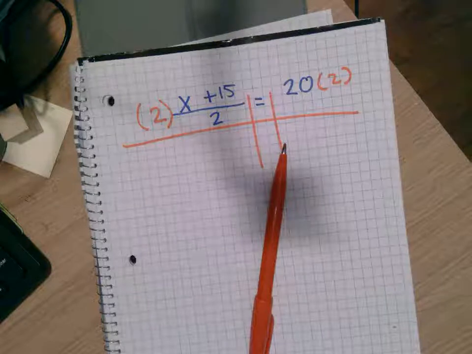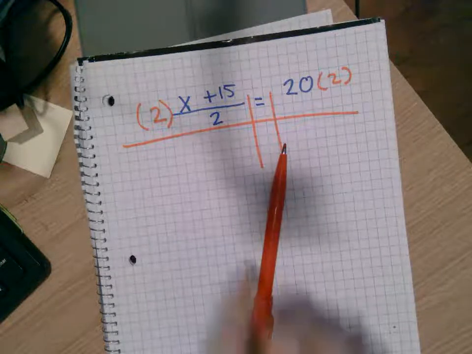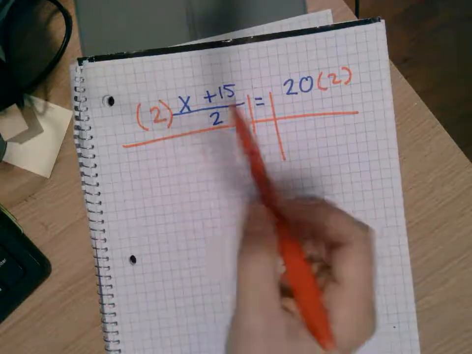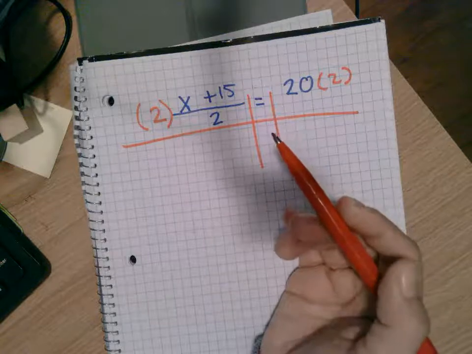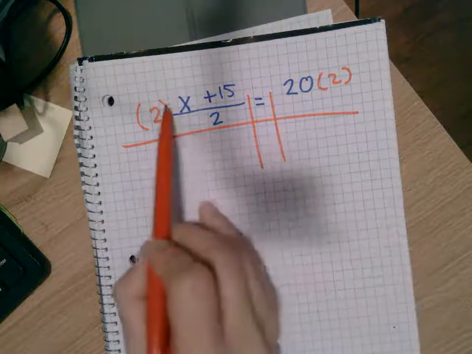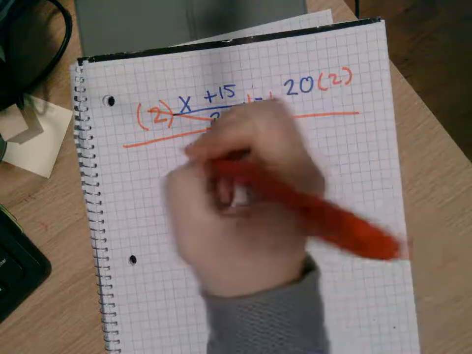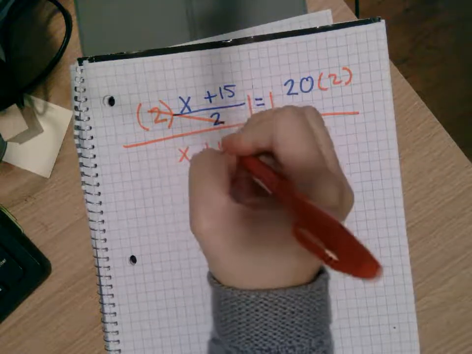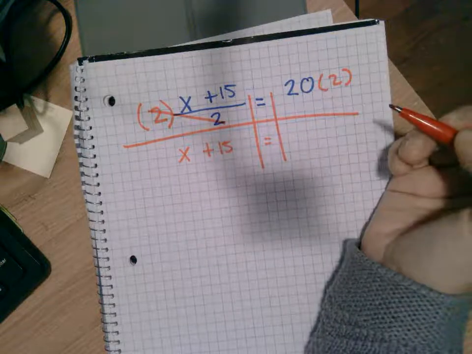Over here, it looks really hard, really complicated. But in reality, all you did right there is eliminate that. That's it. So we have x plus 15 equals, what's 20 times 2?